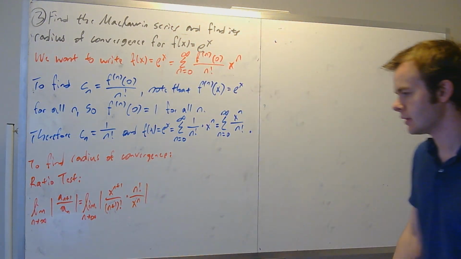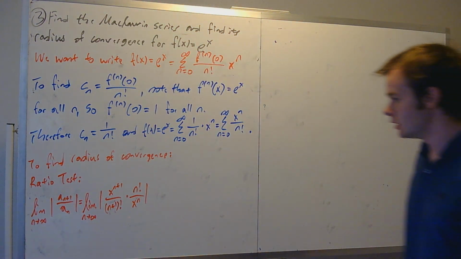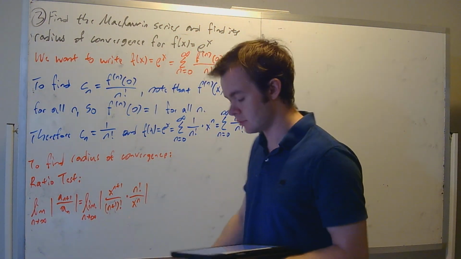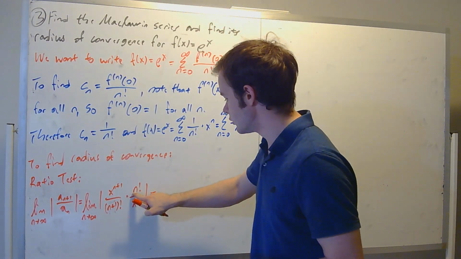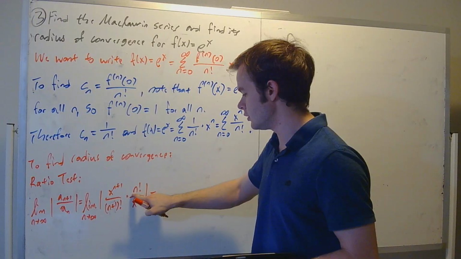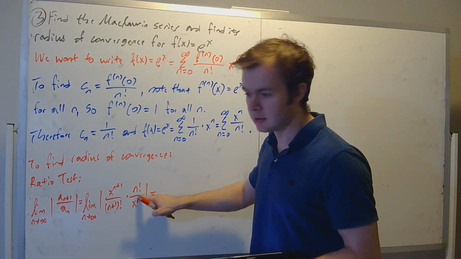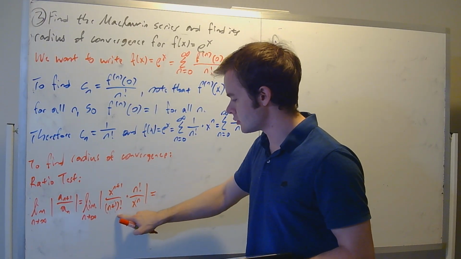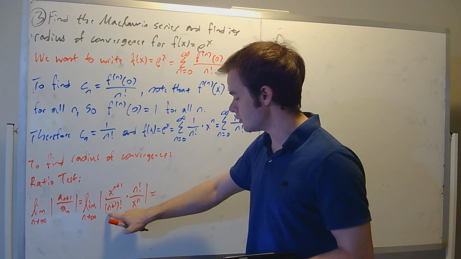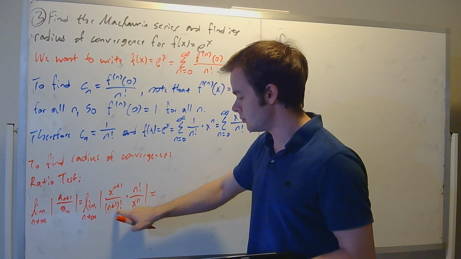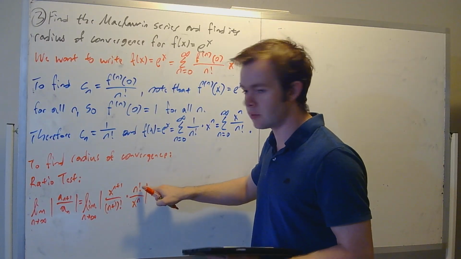Okay. So now this is what we've got. And notice we can actually cancel some things here. So again, this is multiplying all the integers that are less than or equal to n. This is multiplying all the integers that are less than or equal to n plus 1. Notice all of the integers that are less than or equal to n cancel with the ones up here.